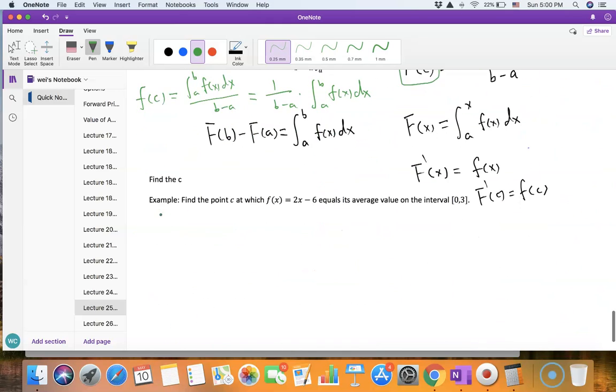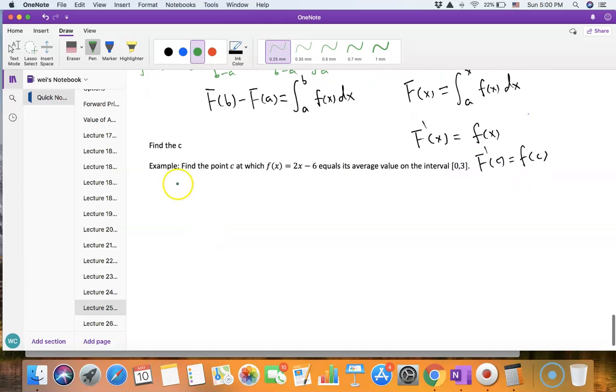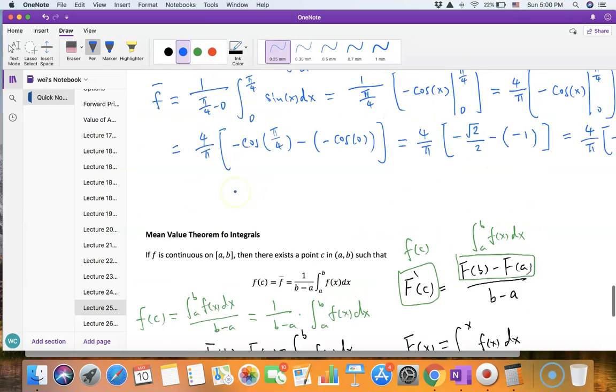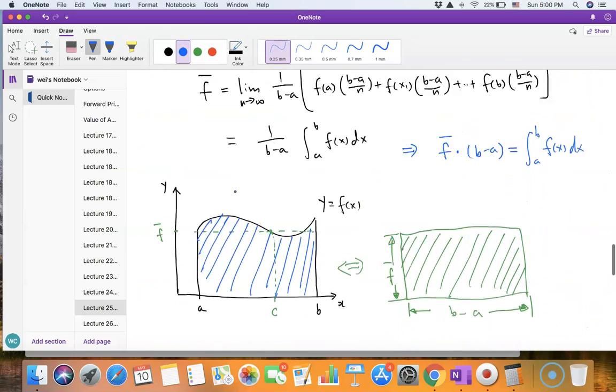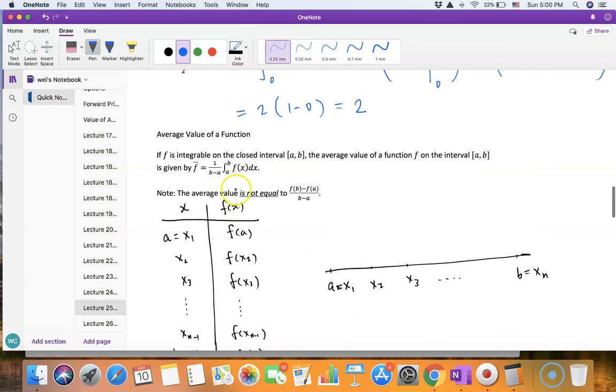Okay. So to do this, first we need to know what is this average value. First, we need to calculate what this is, and we can do this by using the definition of the average value of a function.